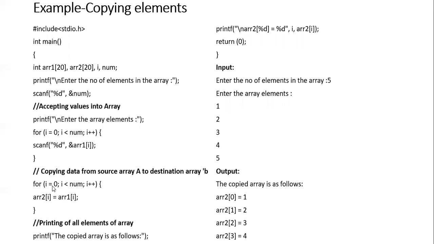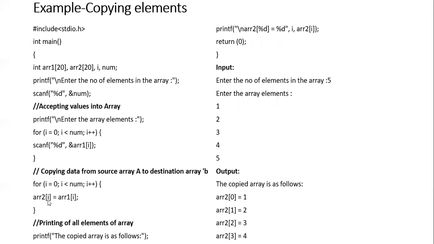So what I'm doing is, initially i is equal to 0, 0 less than 5, and see here, the first element of array 1 at index 0 is copied. So the first element of the A array is copied to the first element of array B. Now again this will go and increment i, so i becomes 1. 1 less than 5, again it is true.